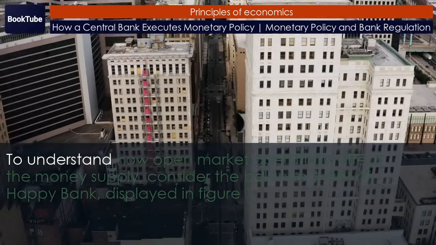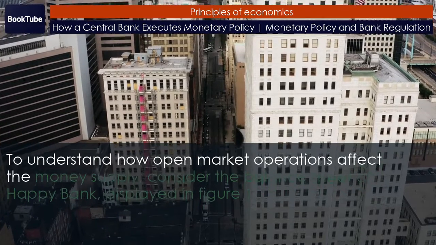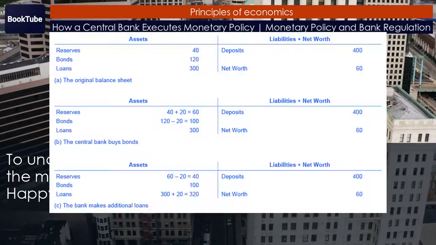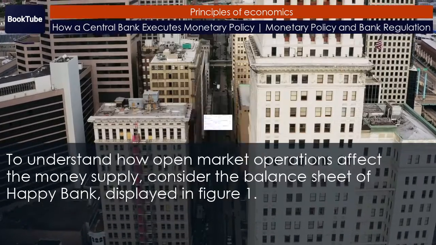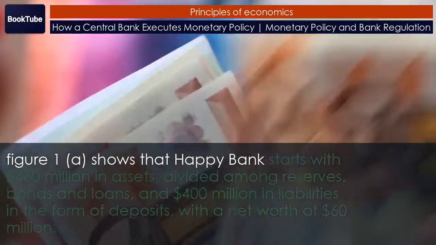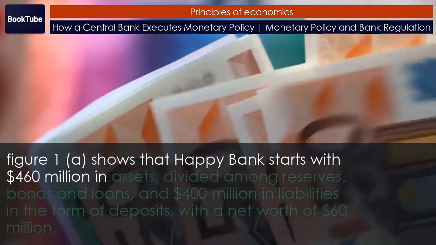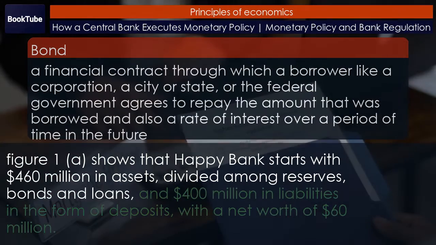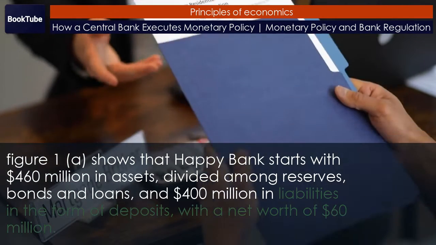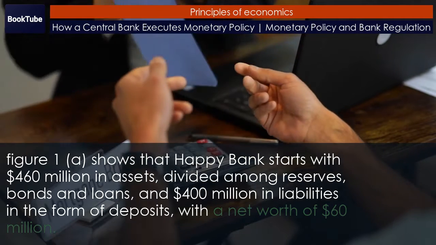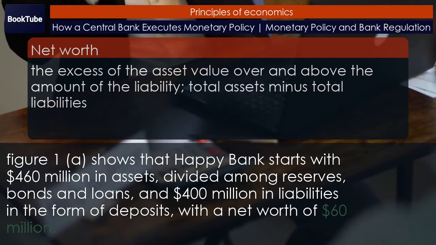To understand how open market operations affect the money supply, consider the balance sheet of Happy Bank, displayed in Figure 1. Figure 1a shows that Happy Bank starts with $460 million in assets, divided among reserves, bonds and loans, and $400 million in liabilities in the form of deposits, with a net worth of $60 million.